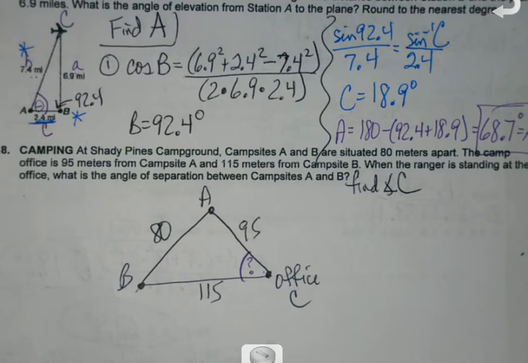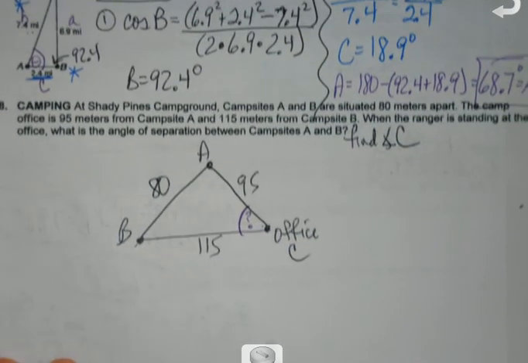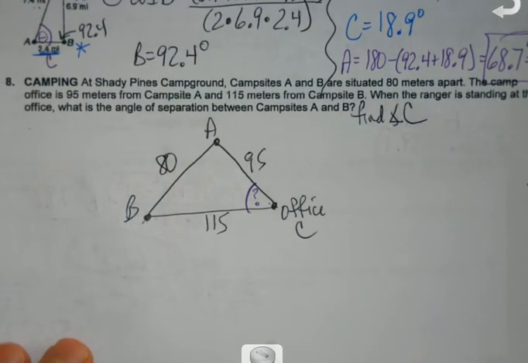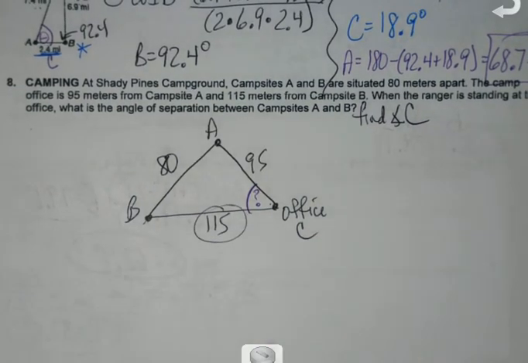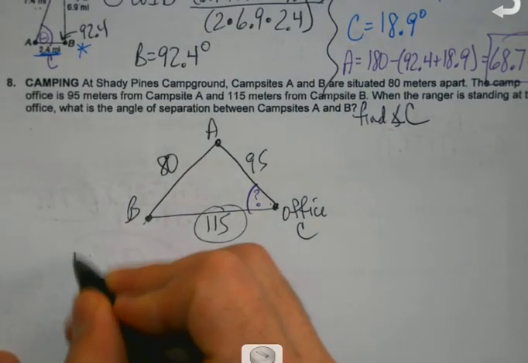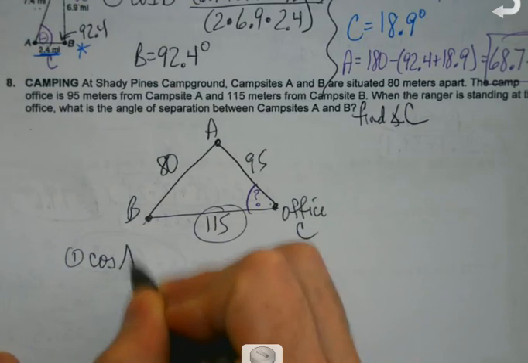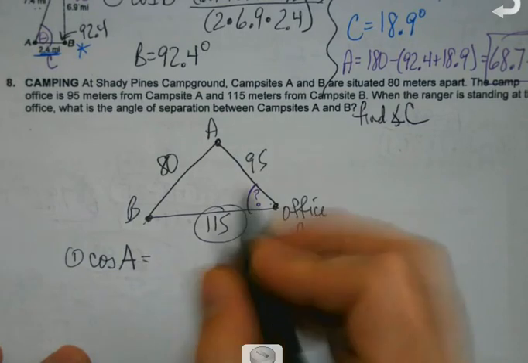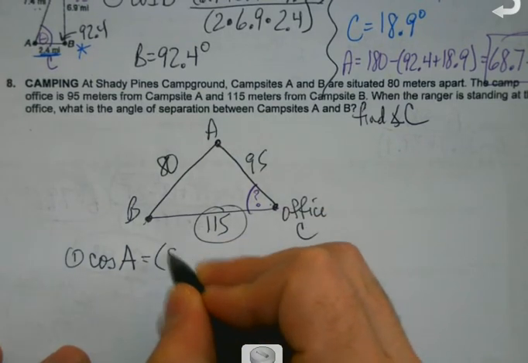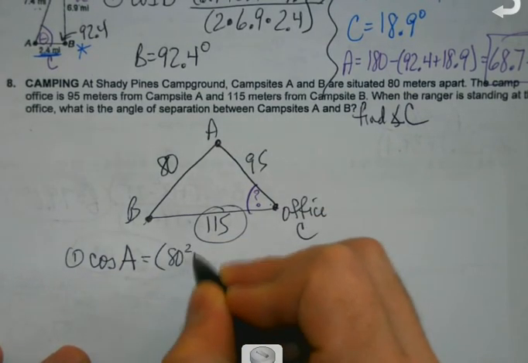So I start looking. Okay, I got three sides, so I know I'm using law of cosines. Which angle am I going to be finding first? A, because there's my biggest side. So I go, okay, now this time all sides. All right, so I'm looking for A. So I go back, I look if I need to, and I'm like, all right, so it's B squared and C squared.